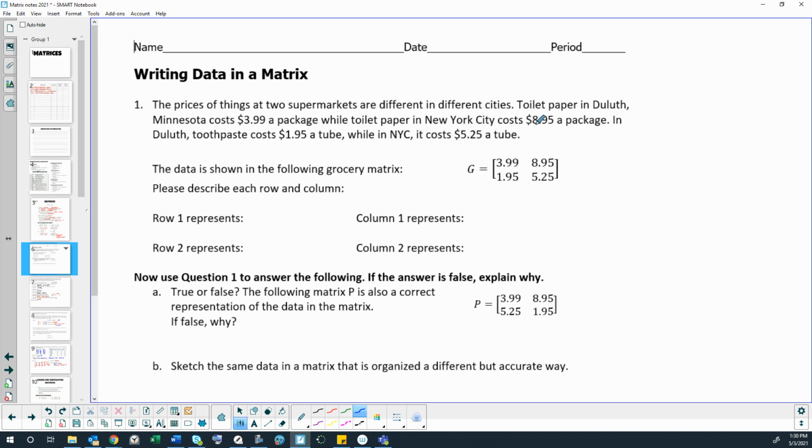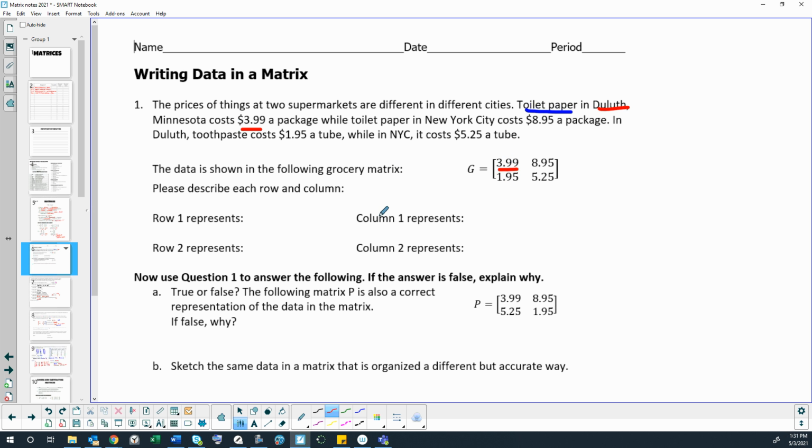We have some toilet paper, and that is in Duluth, Minnesota, and it costs $3.99. So you can see right here in our matrix we have a $3.99 in this 1, 1 element, row 1, column 1. So that means that this row or this column, 1 represents toilet paper and 1 represents the city of Duluth, Minnesota.